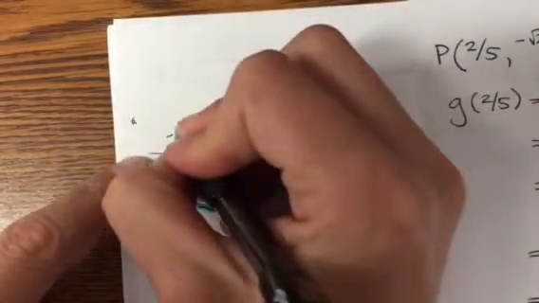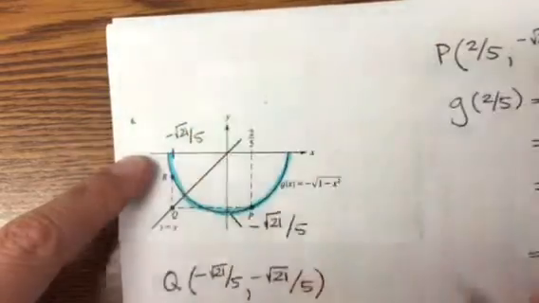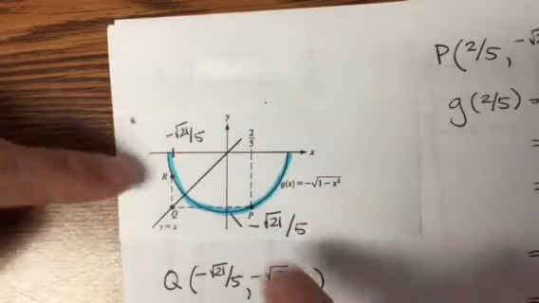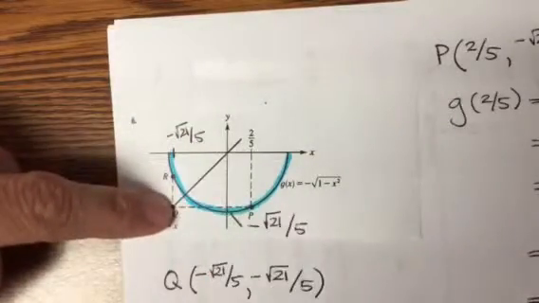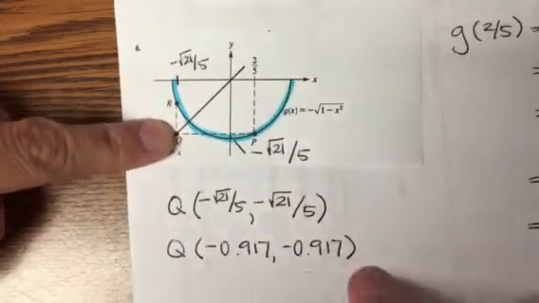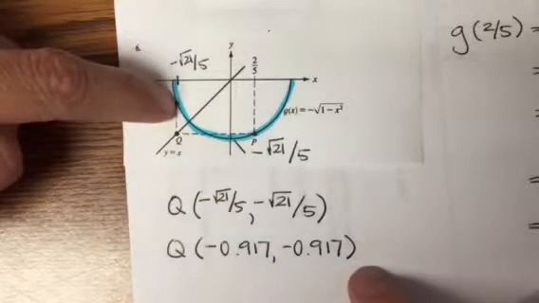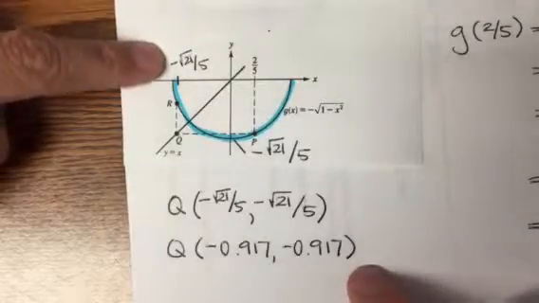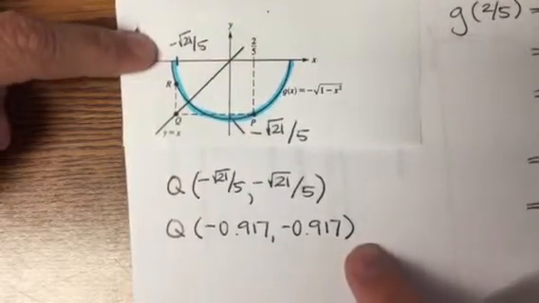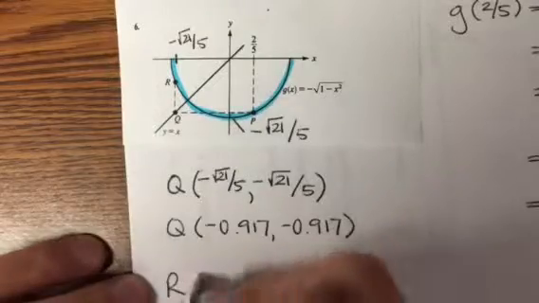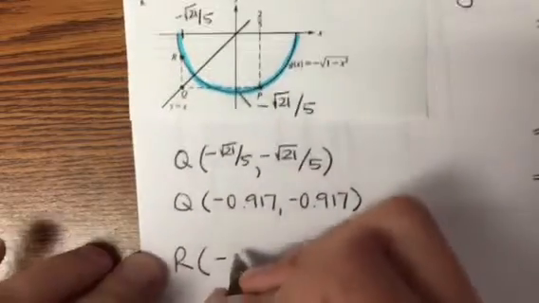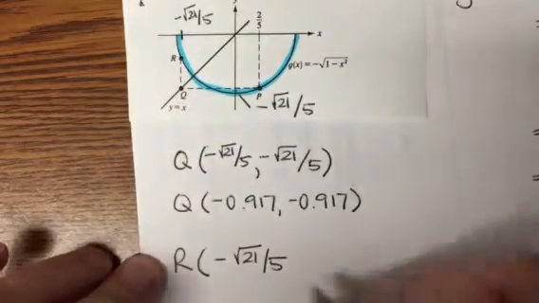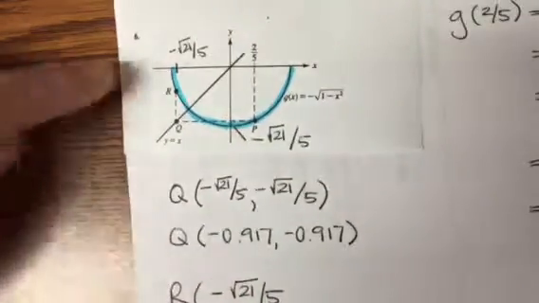So my X here is the same thing, negative square root of 21/5, because these points together gave me this information here. So now looking at my R, the only information I have for my R point is the negative square root of 21/5. So for my R, I know what my X is right now, and I'll plug that in now to find what the Y is.